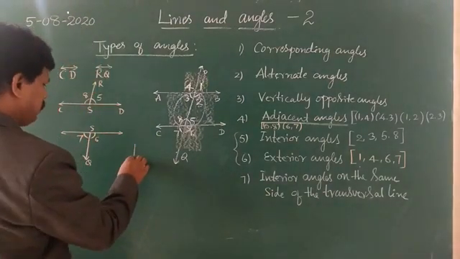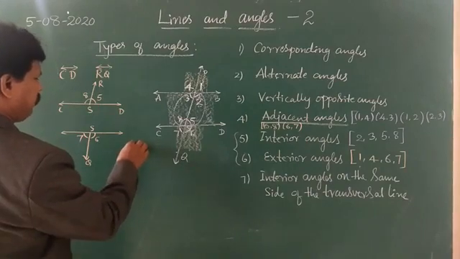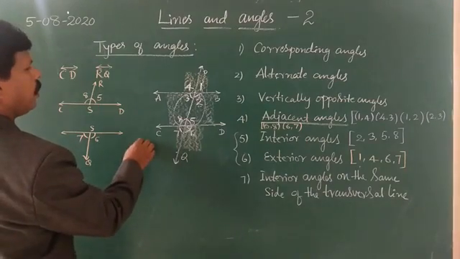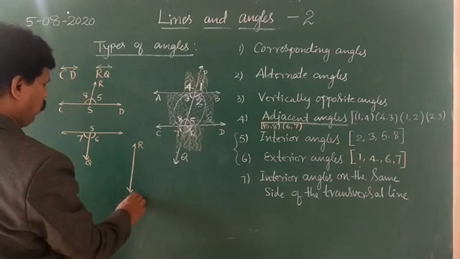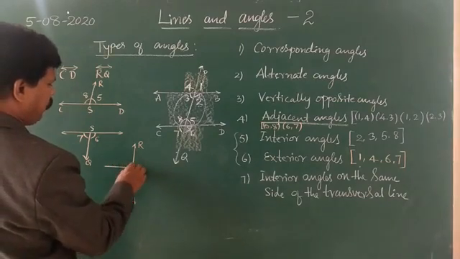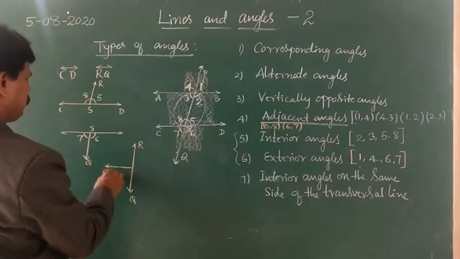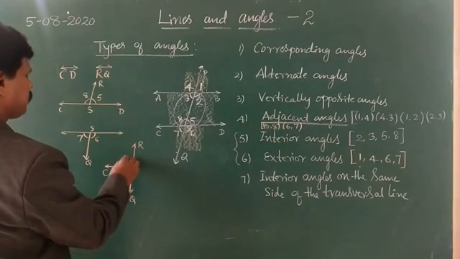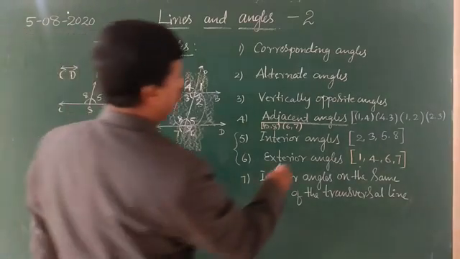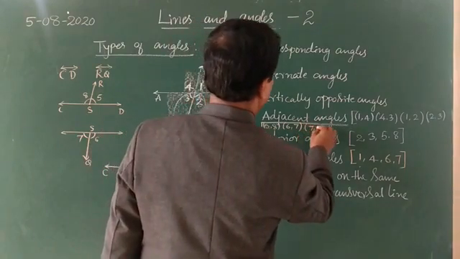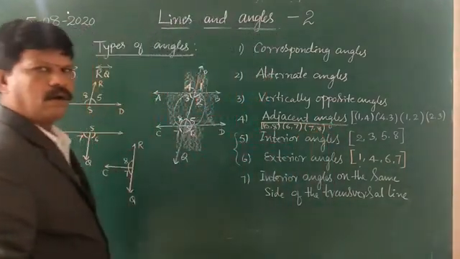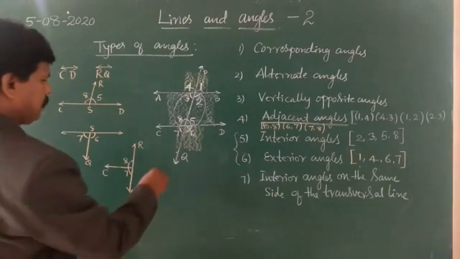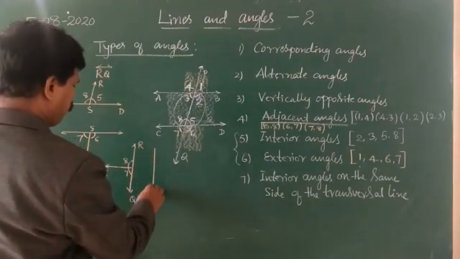Then consider this line which is R and Q. Then if you are considering this C, then this angle and this angle 7, 8 is one more pair. 7, 8 is adjacent angles. Similarly, look at this.